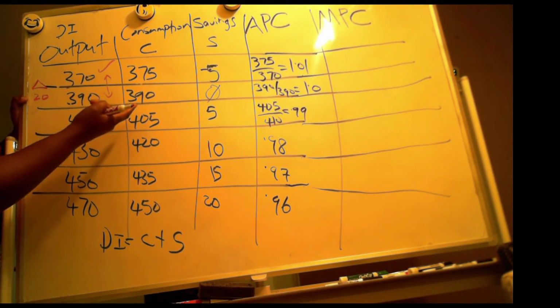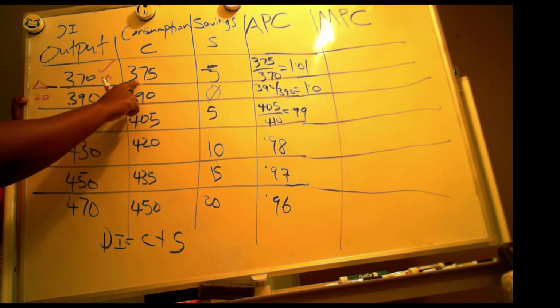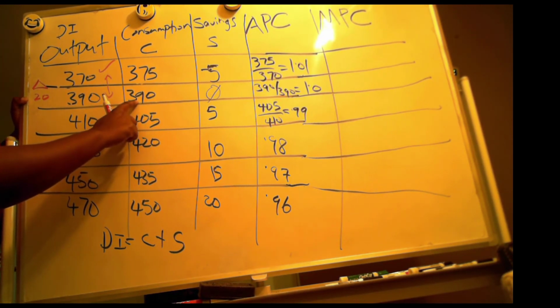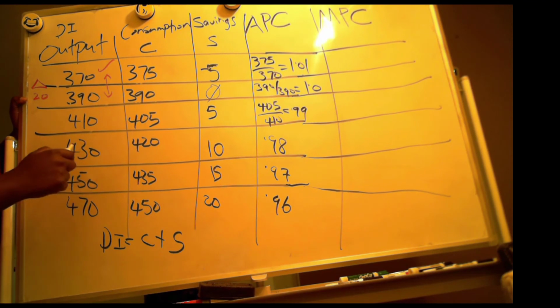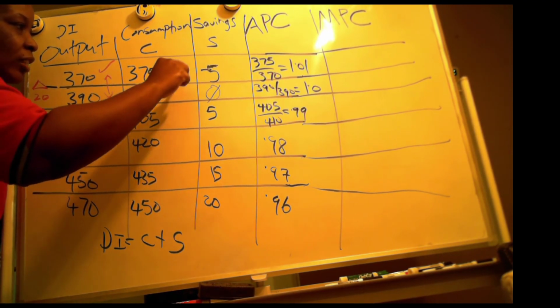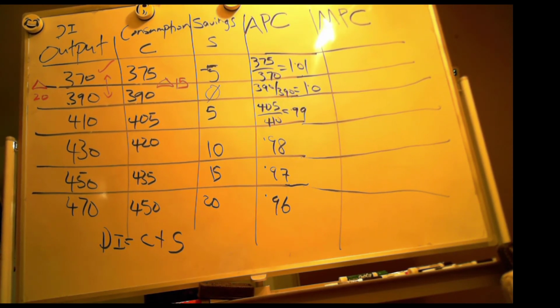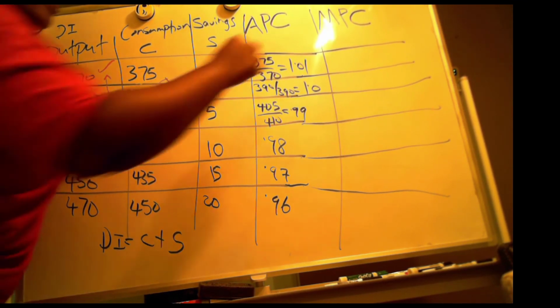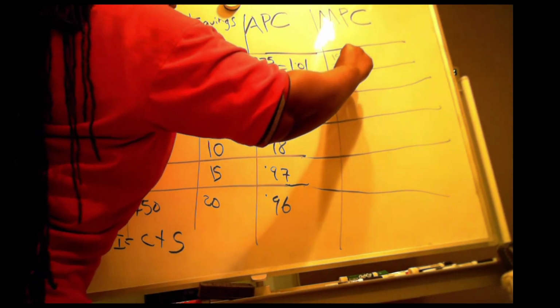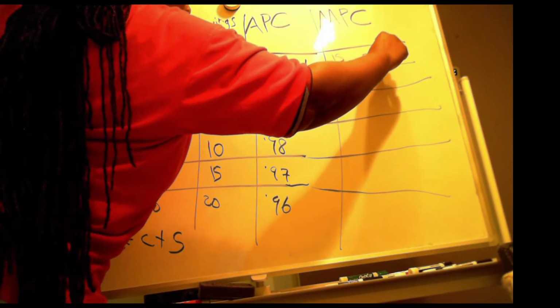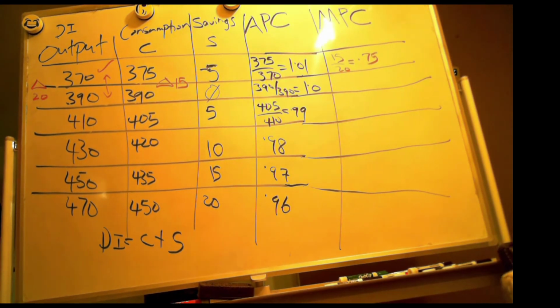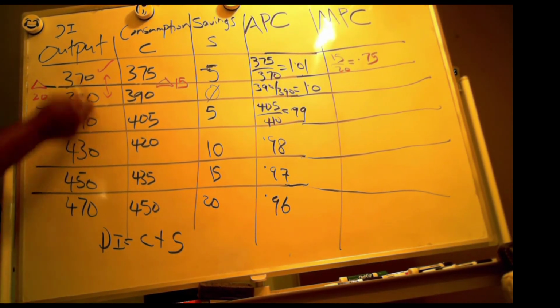That's the marginal piece. You used to be consuming 375. Now you're consuming 390. So what's the change? That's 15. So if you want the MPC, we're dealing with change. Because I got $20 more, my consumption changed by 15. So in this example, it's 15 upon the 20, which is 0.75. That's how you get MPC. Let's just do another for good measure.